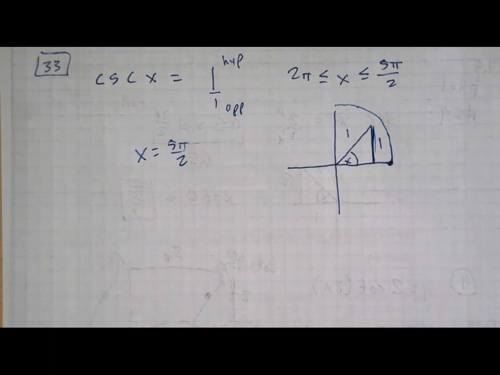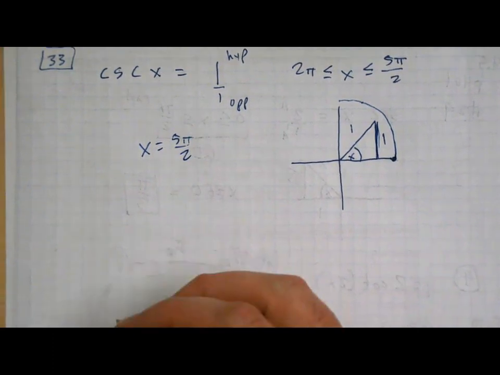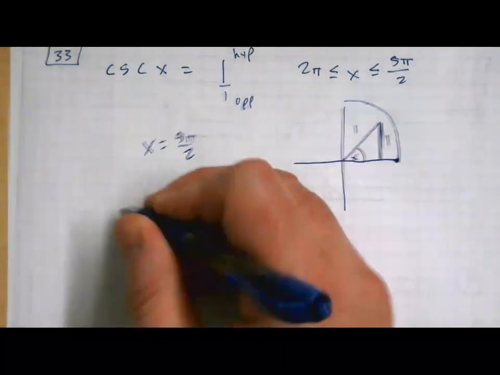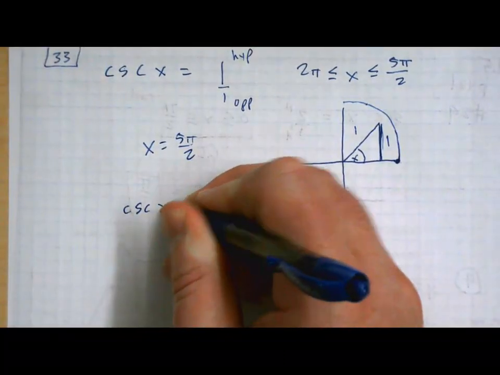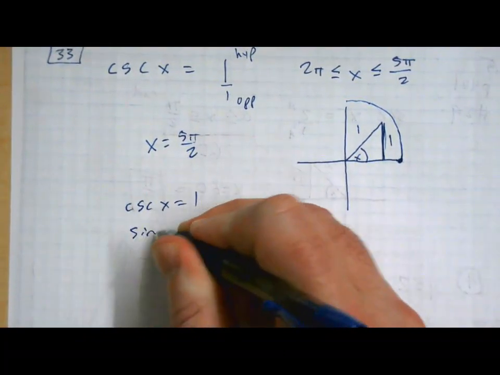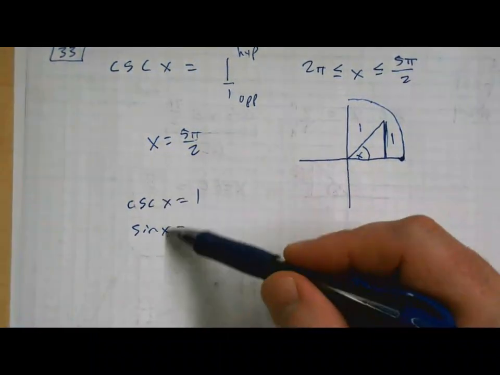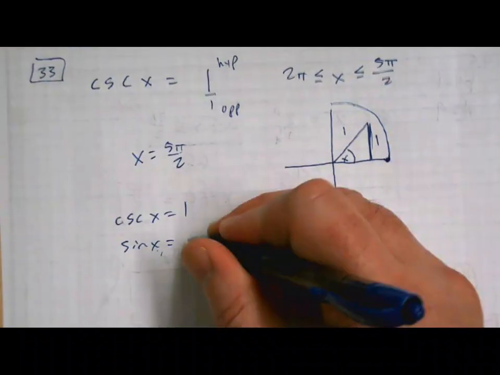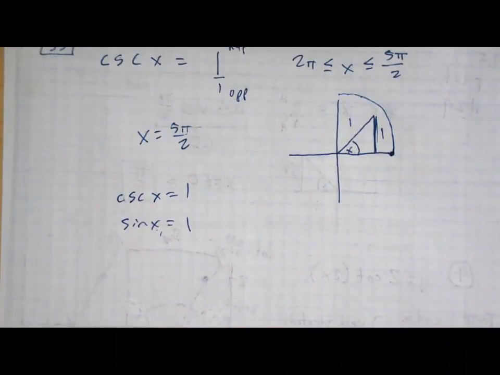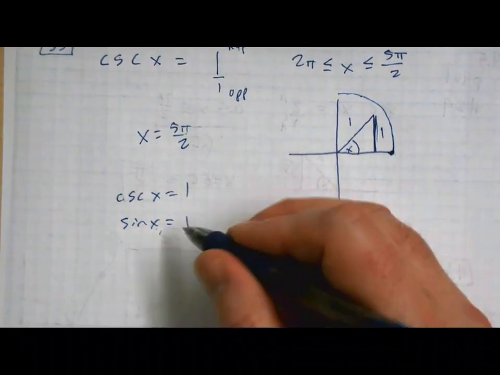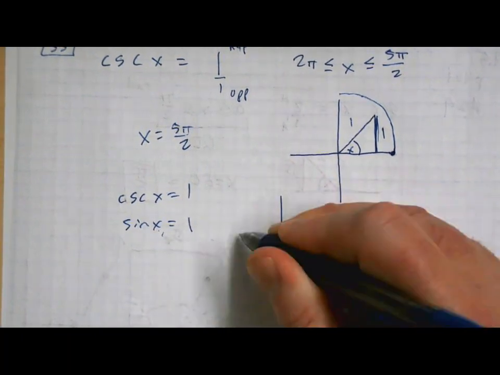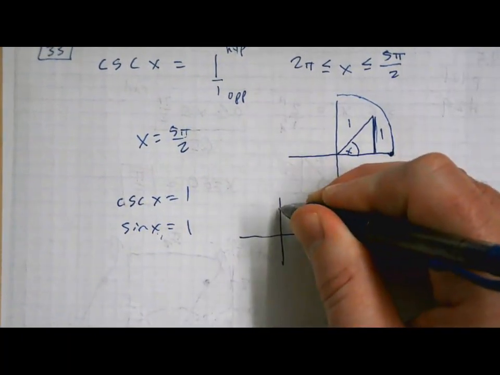Here's another way to think about this. If you didn't like that explanation, if cosecant x is 1, then what is the sine of x? I just did a reciprocal, so it would also be 1, agreed? If sine is 1, that means on my unit circle, my y coordinate would have to be 1.